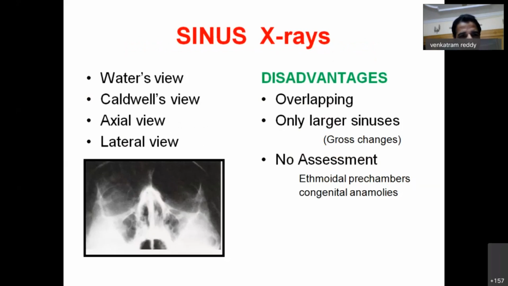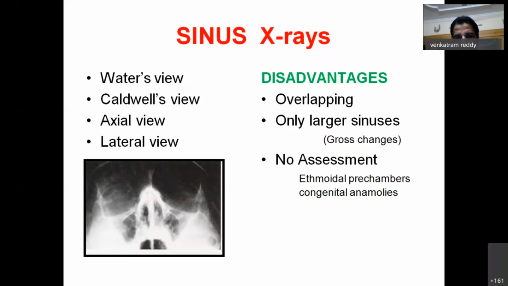We had some of these studies when we were postgraduates, but now these X-rays are becoming very obsolete and have no importance whatsoever, because of the simple reason that X-ray has an overlapping effect. However digital we take, there will be some kind of overlapping effect. The smaller sinuses like the ethmoidal air cells cannot be assessed, nor can the congenital anomalies.